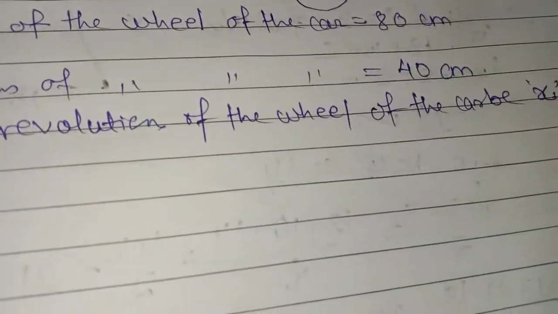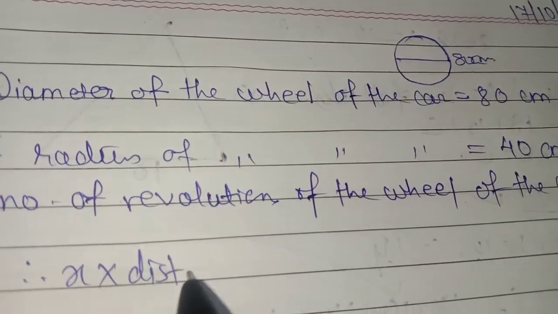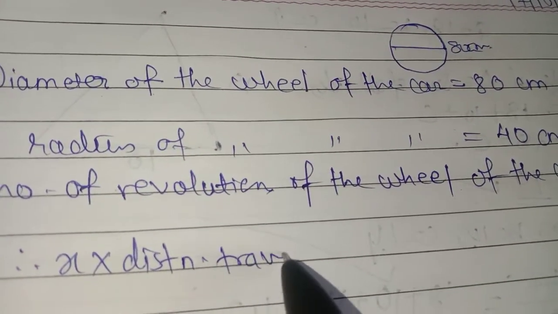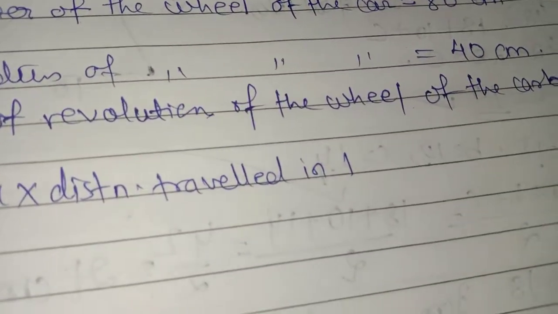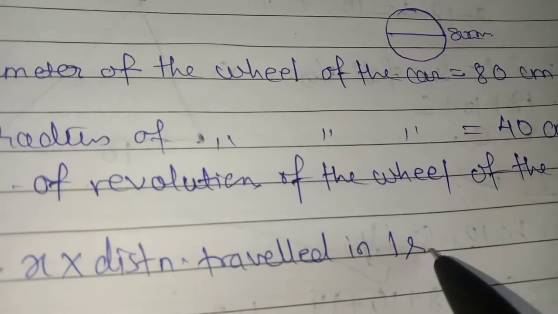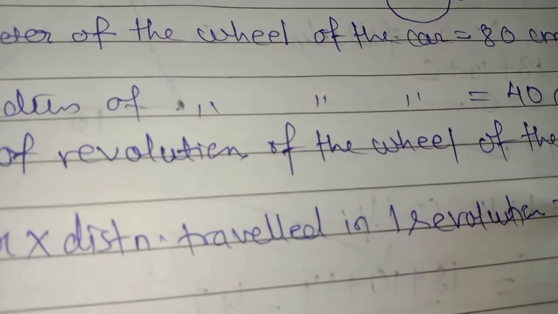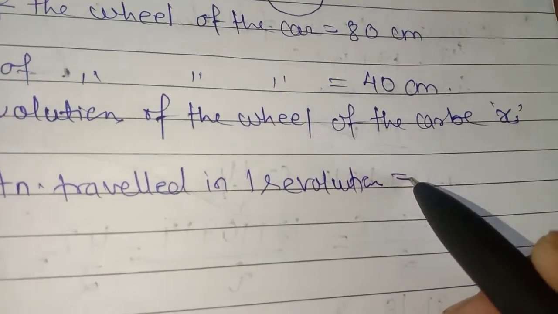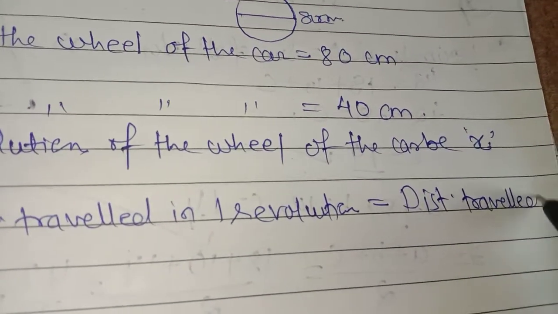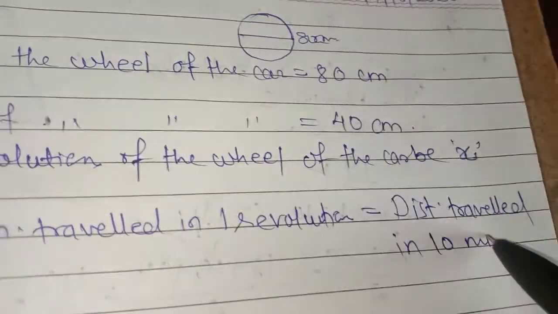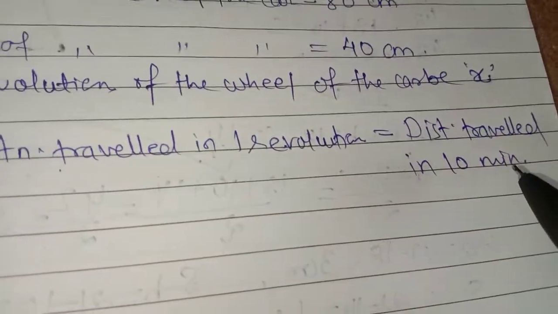So that is x into the distance traveled in one revolution, which is equal to the circumference, and that equals the distance traveled in 10 minutes.